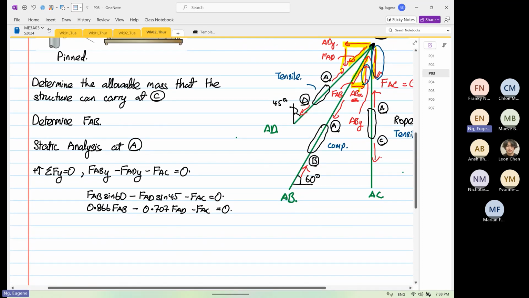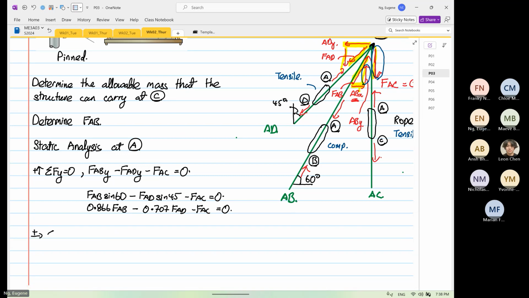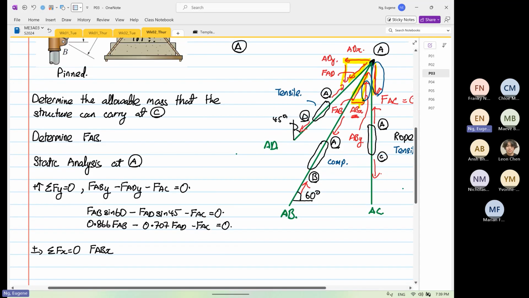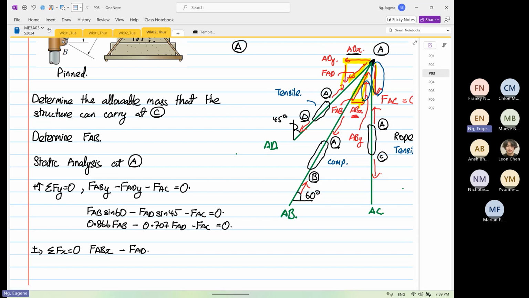Then the next thing that we carry out is a summation of forces in the x direction. Going towards the right is positive, going towards the left is negative. So we have FABX, because it's going towards the right, and then minus FADX. FADX is going towards the left, so minus FADX.